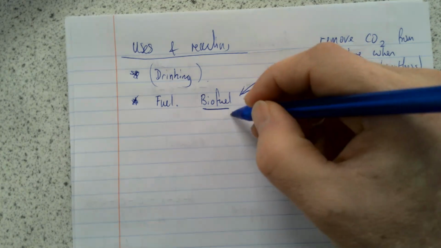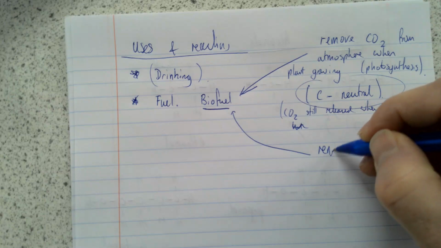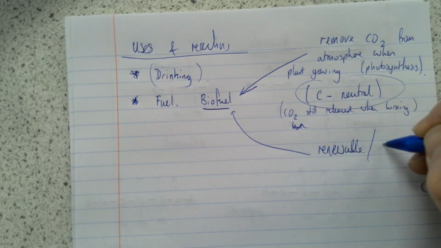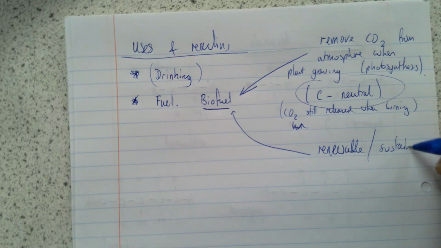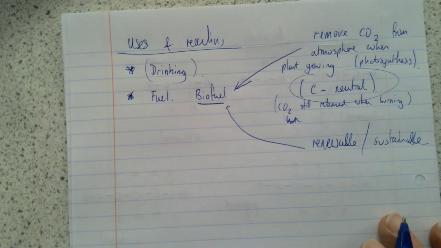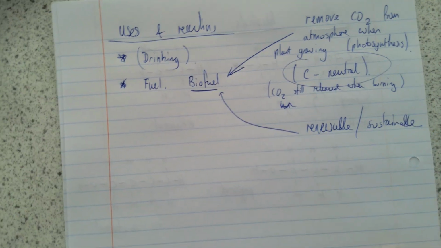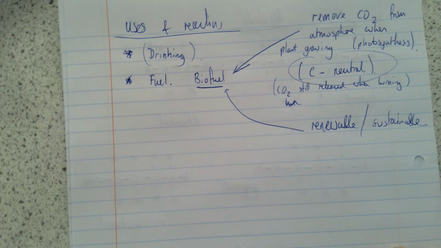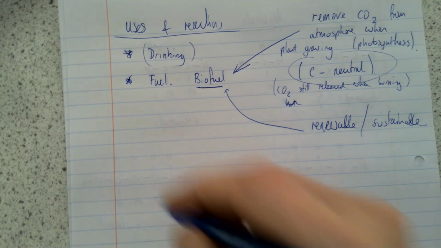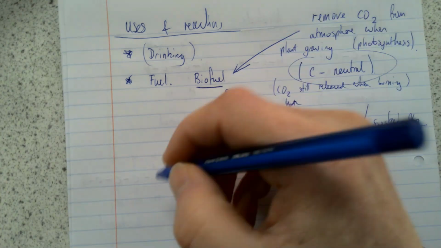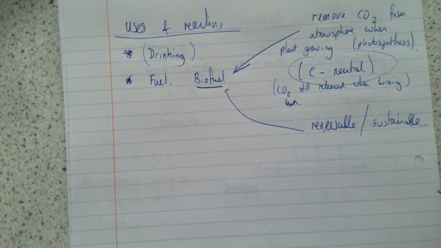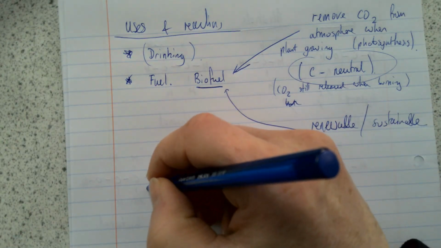The other thing about biofuels is that they're renewable, sustainable if you like, because you can just grow more of it. Whereas fossil fuels, of course, can't be replaced in our lifetime, so take a few million years to produce, right? So if you're using ethanol as a fuel, what you'll be doing essentially is burning it.